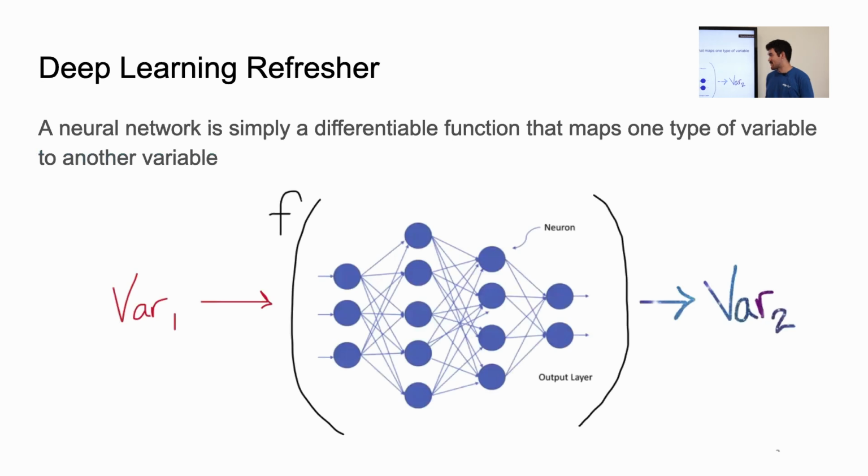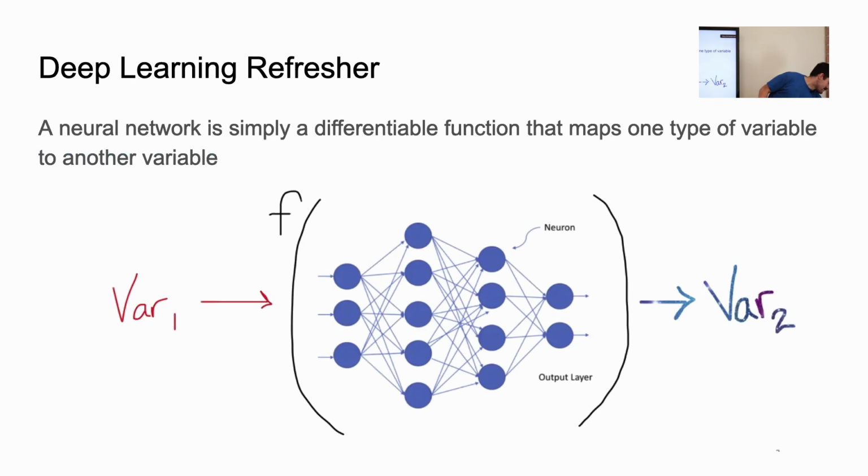So, deep learning refresher. I've got a friend who quotes his professor and says that neural networks are simply universal function approximators, which I think is really nice. But in brief, a neural network is a differentiable function that maps one type of variable to another variable.